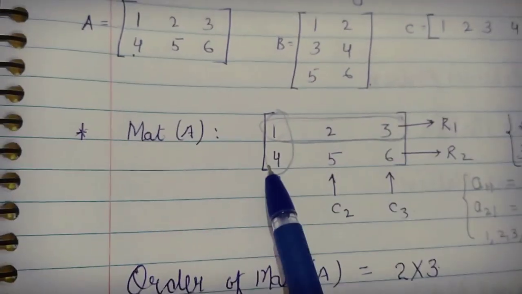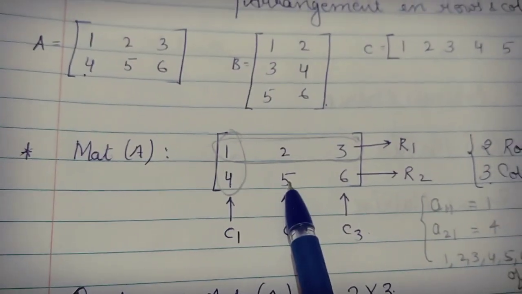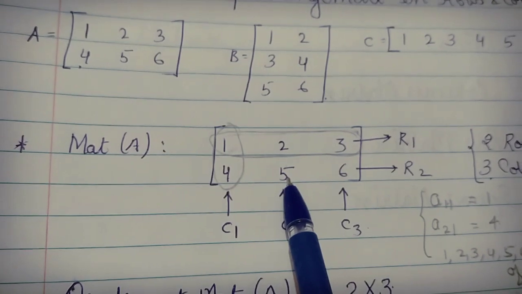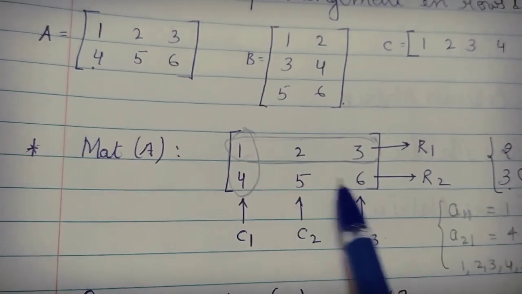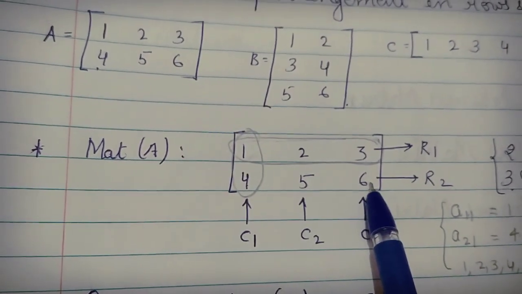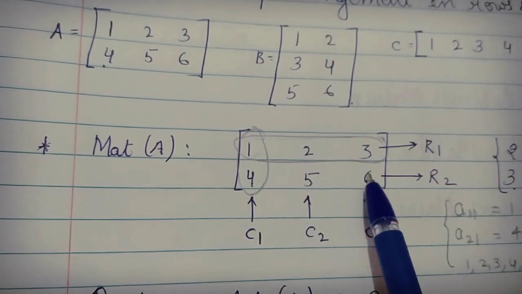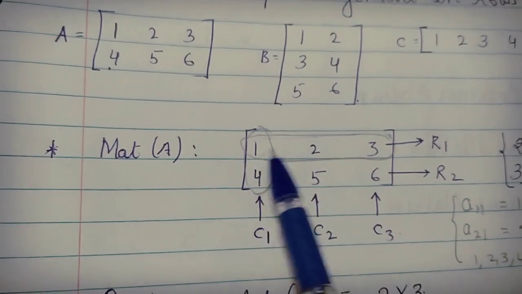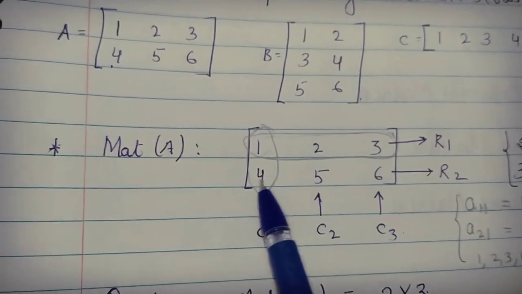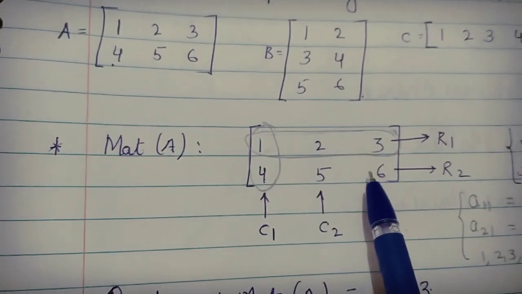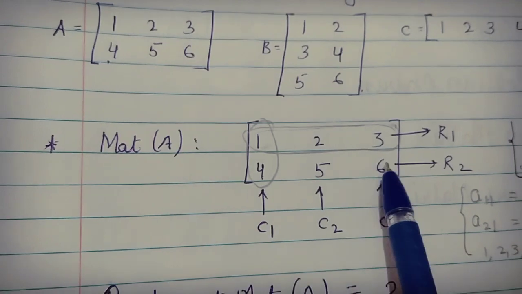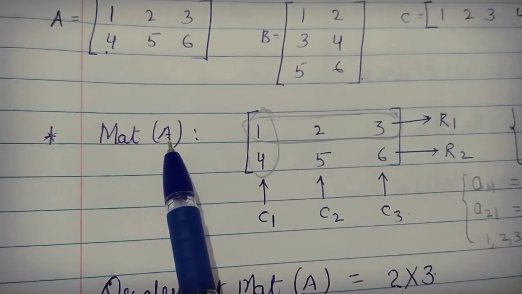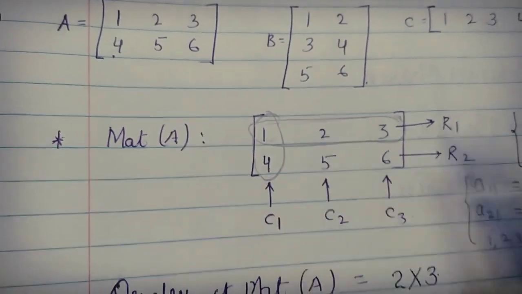Similarly, 5 is the element of the second row and second column. What about the 6? This is the element of the second row and third column. 1, 2, 3, 4, 5 and 6 are known as the elements or members of matrix A.